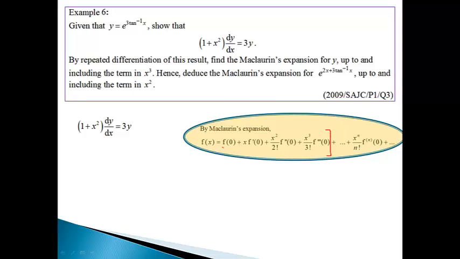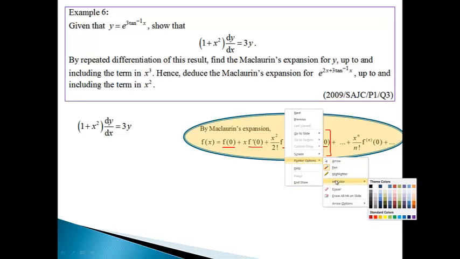So therefore, I need the value of y, dy dx, d2y dx squared, d3y dx cubed when x is 0. So of course now we need to differentiate implicitly the earlier equation that we have shown with respect to x.